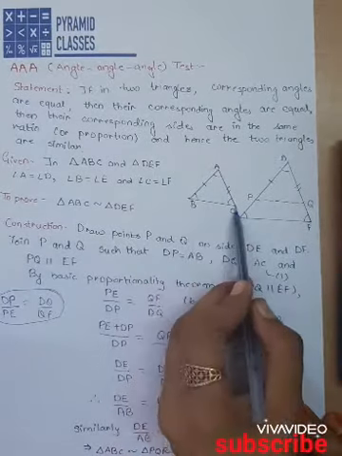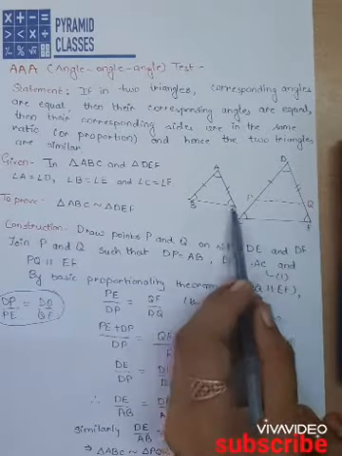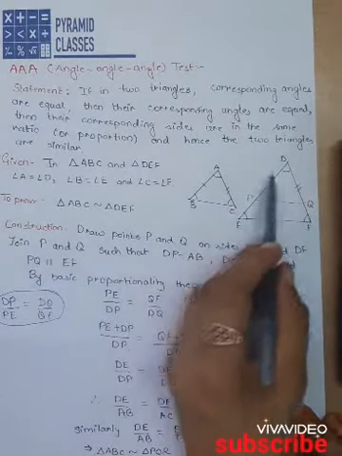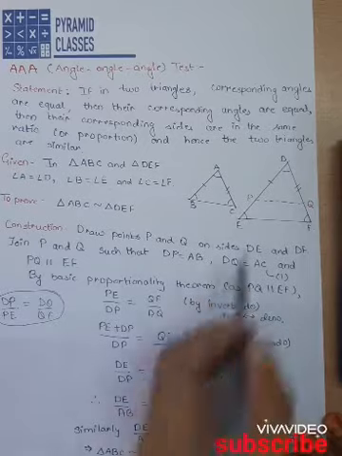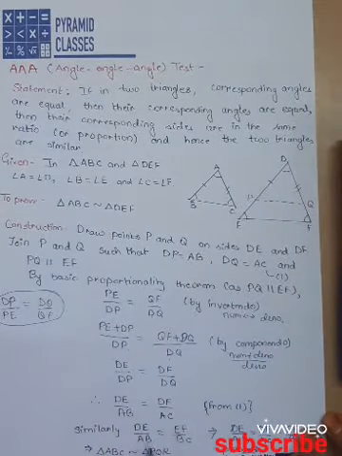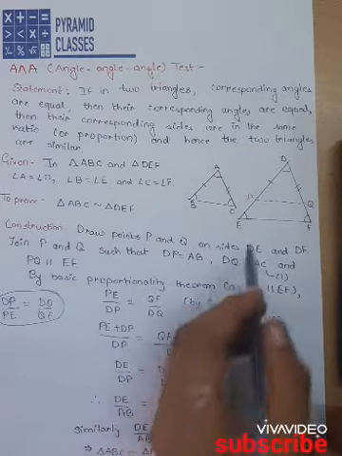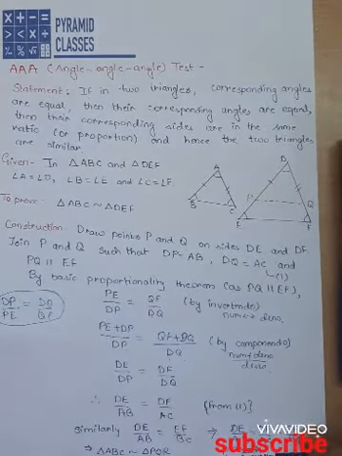Similarly, we can prove EF by BC equals DE by AB. Hence all the sides are in the same ratio. The given angles are all equal and now all the sides are in the same ratio, so according to the definition of similarity, both triangles are similar. Therefore, triangle ABC is similar to triangle DEF.